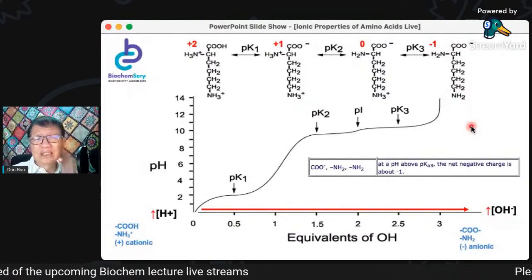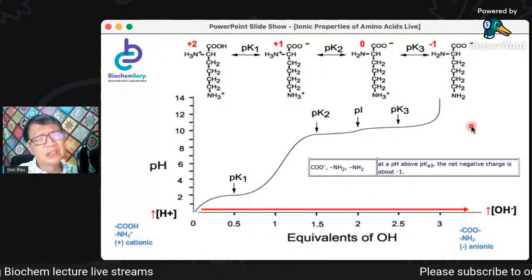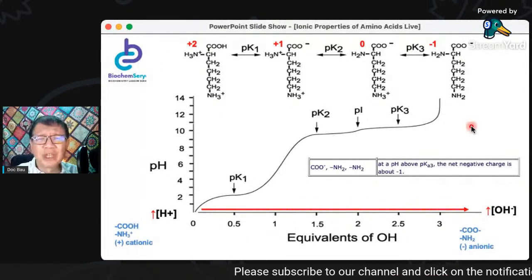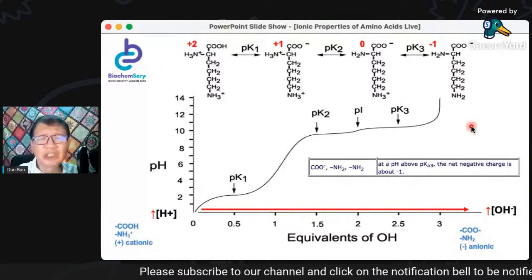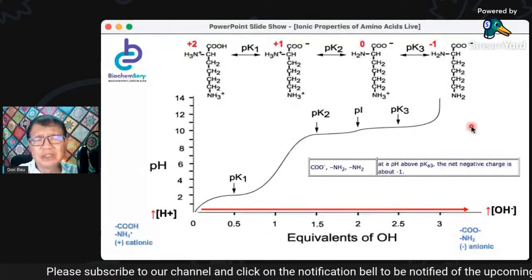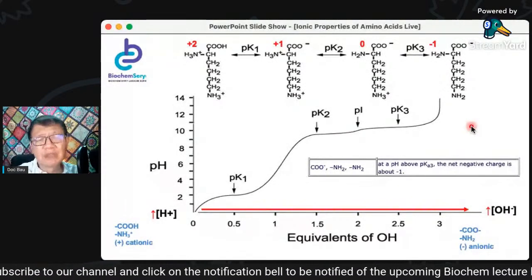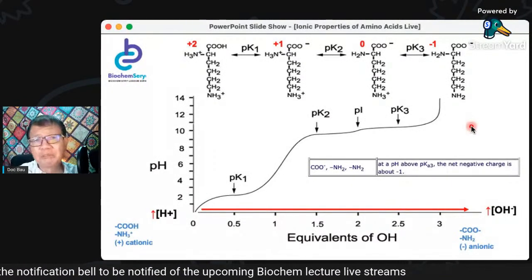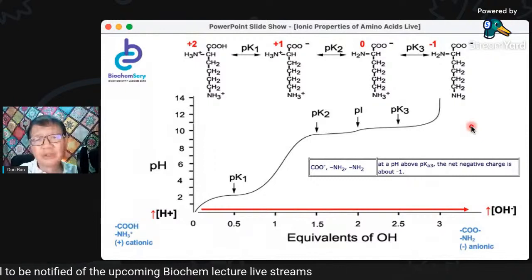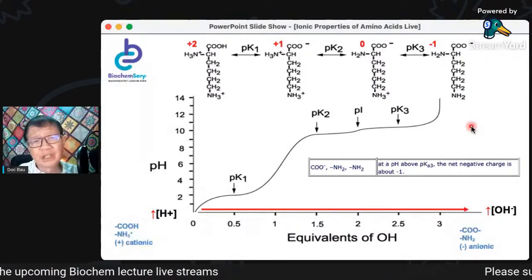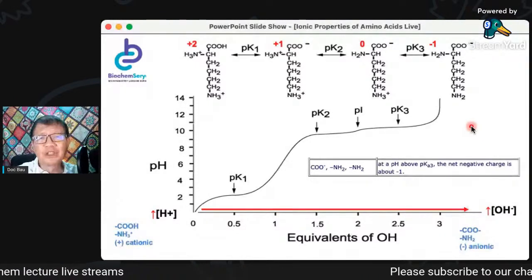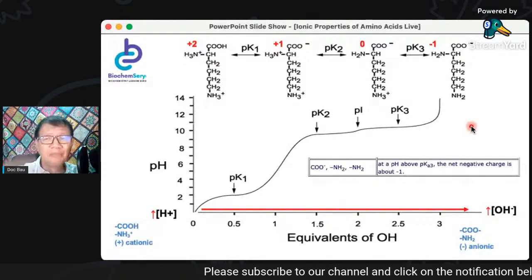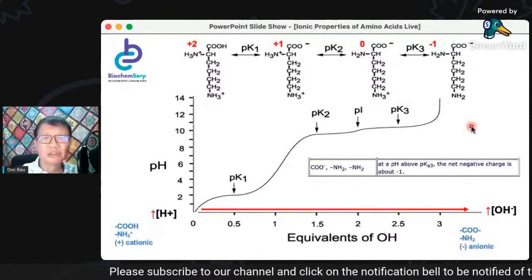Again, just to make it easier to remember, what can have a potential charge of -2? Aspartate or glutamate, or your cysteine or your tyrosine, because of their additional functional group that can deprotonate and become negative, like your sulfhydryl group.